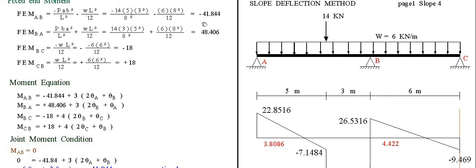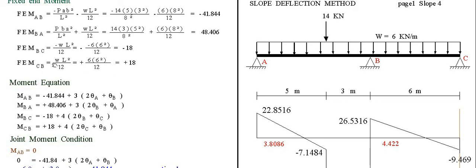Again, minus, then plus, minus, then plus. So fixed end moment BC is minus WL square over 12. There is only one loading, uniform load. It is minus 6 times 6 span square divided by 12, or minus 18.